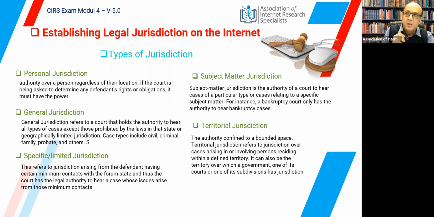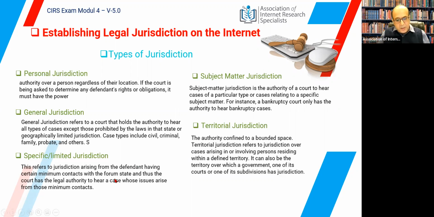So if it has to do with traffic violations, if it has to do with family law, if it is a civil lawsuit or something like that, then all of those that generally cover all the different specialized courts are collectively under one jurisdiction that is called a general jurisdiction. General jurisdiction encompasses civil lawsuit, criminal, family, probate, etc.